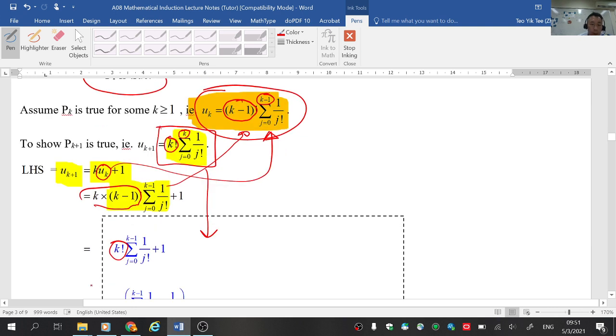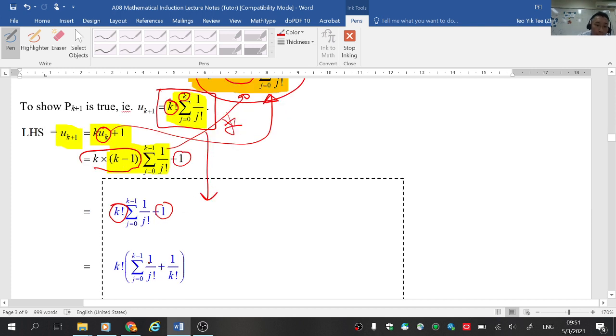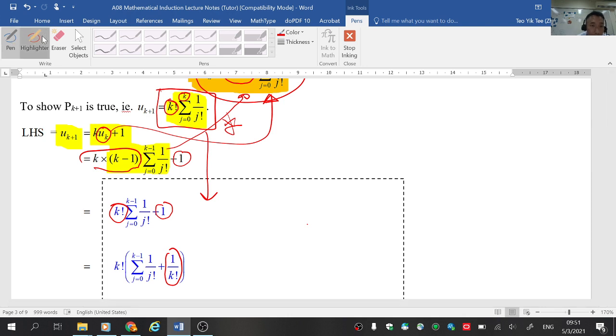Then look at what you have. I still have the 1 to get rid of. In order to reach this final stage, I still have the 1 to take care of. So what to do with the 1? Factor out your k factorial, then introduce a 1 over k factorial. Now focus on this yellow summation, and of course this one in green.